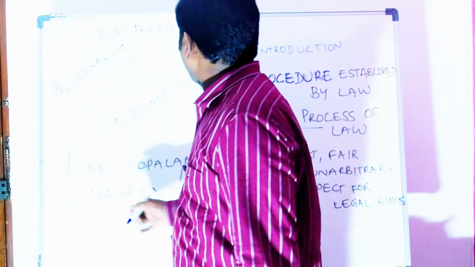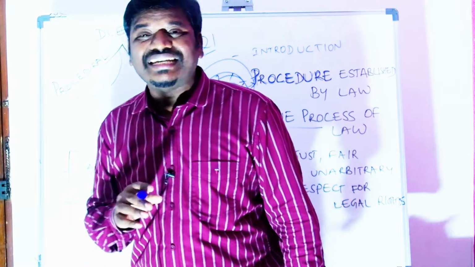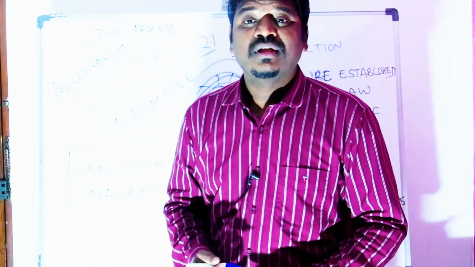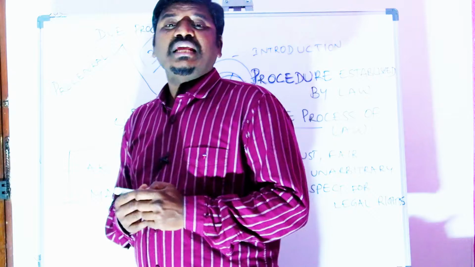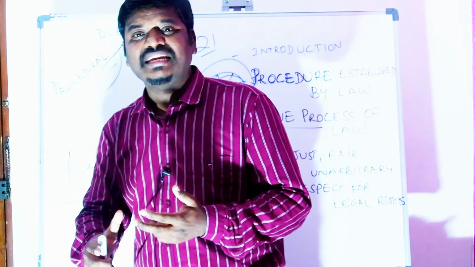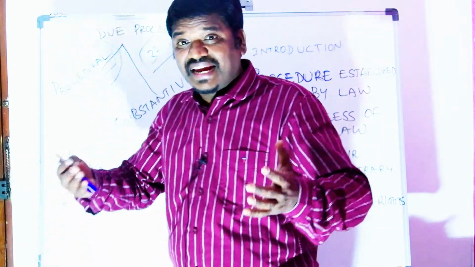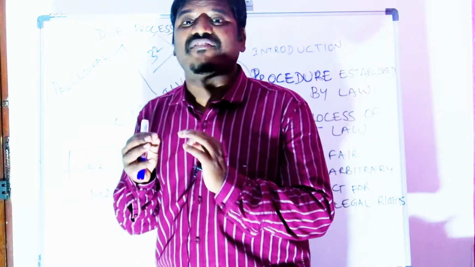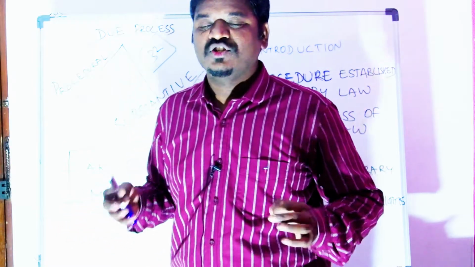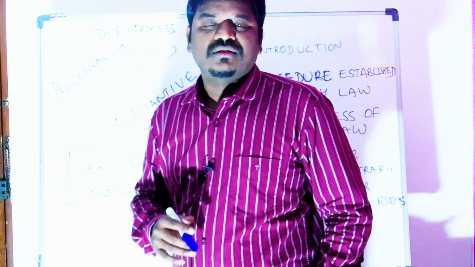Then he approached the court under Article 32, a writ petition, stating that the rights given through Articles 14, 19, 21 and 22 were affected. On those grounds, he approached the judiciary.